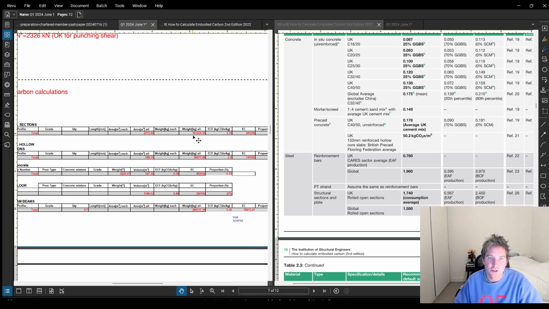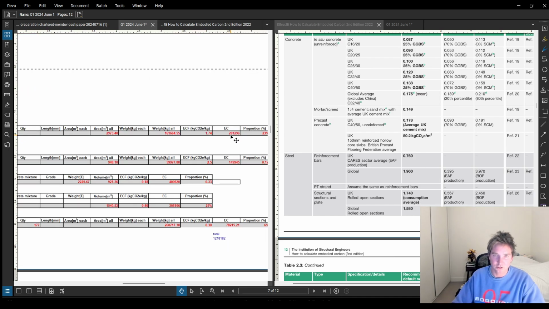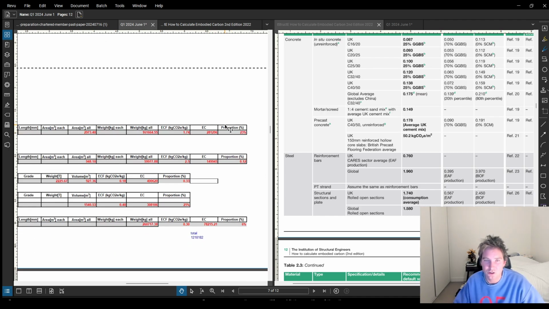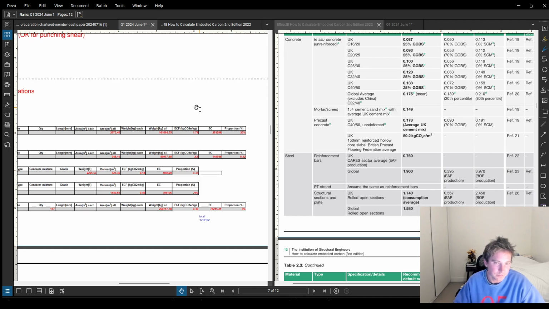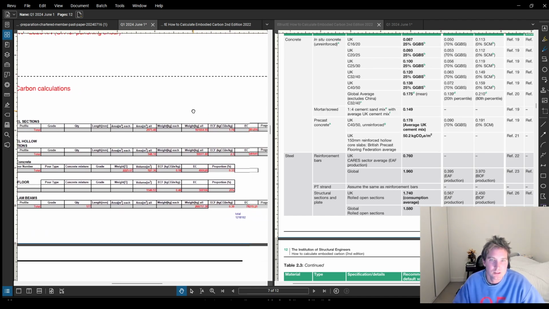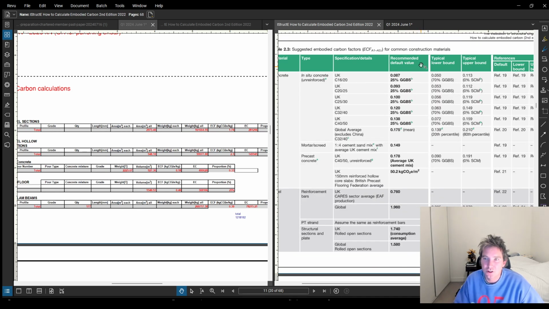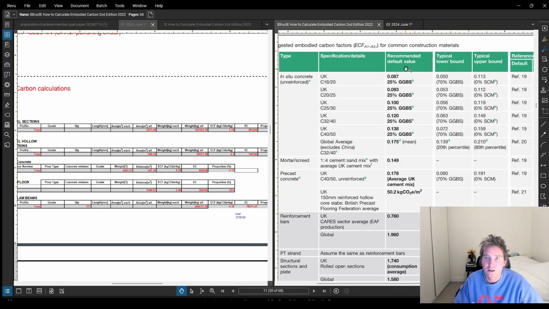Then you times your quantity by the embodied carbon factor to get your total embodied carbon. That number here doesn't actually mean anything to me, so I tried to report it as a proportion. This guide would be better if it actually told you what the units are. I understand it's kilograms of carbon dioxide equivalent per kilogram of whatever material.